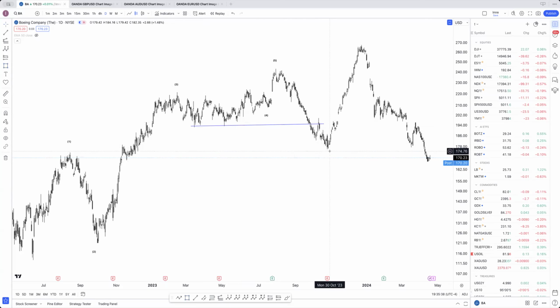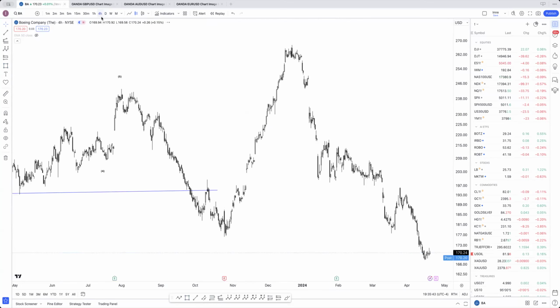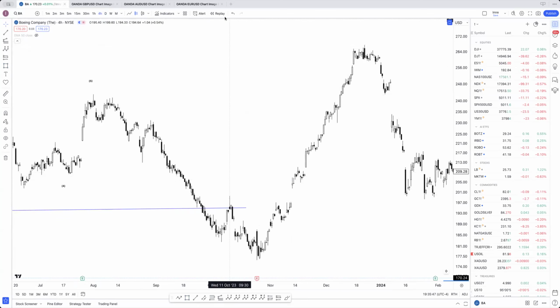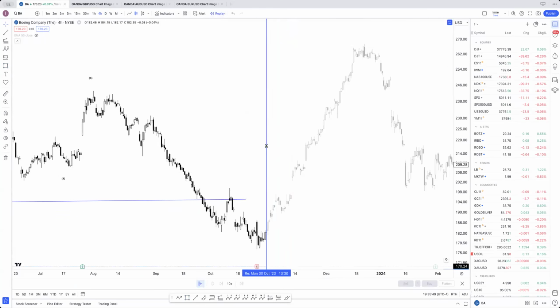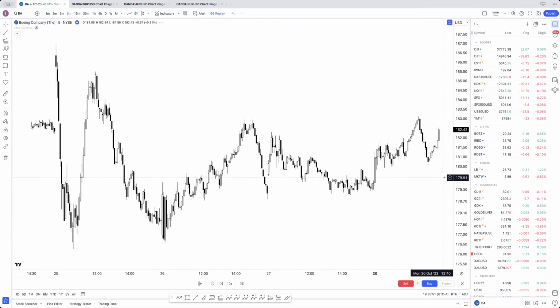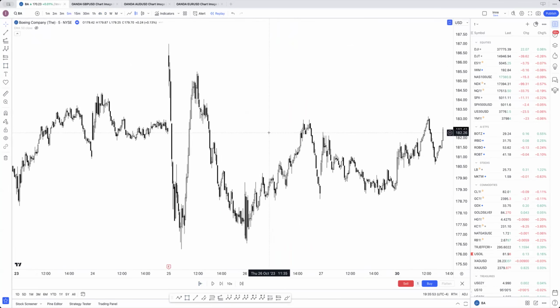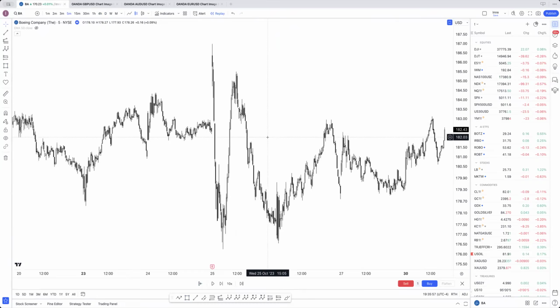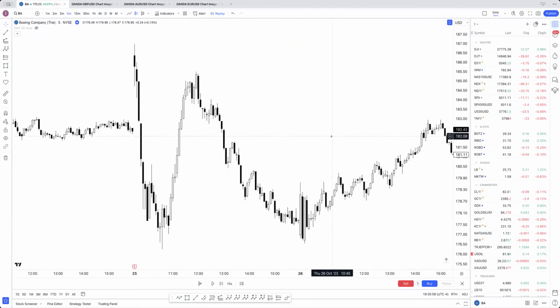But after taking out the inducement shortly, the market went back up. Let's look if there's a way possibly to day trade this. Yeah, there is actually. So here's my inducement.